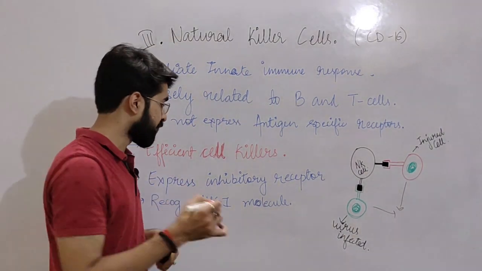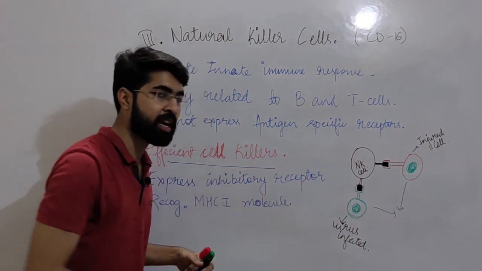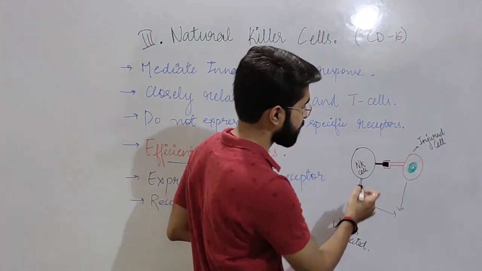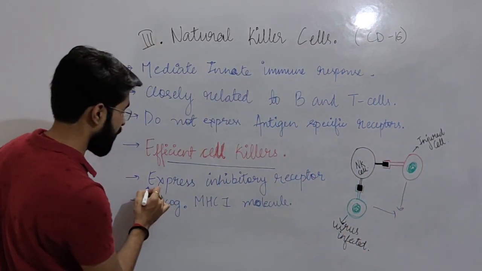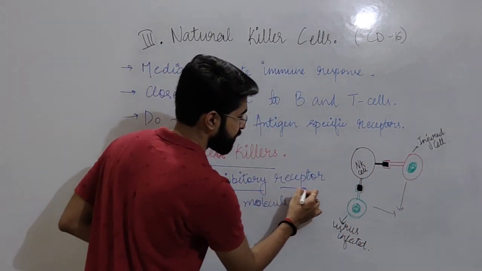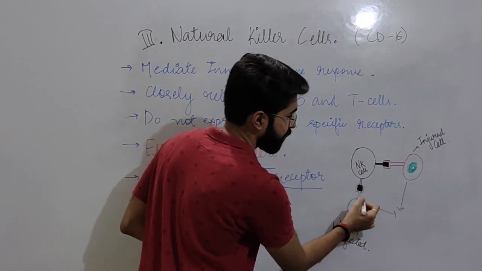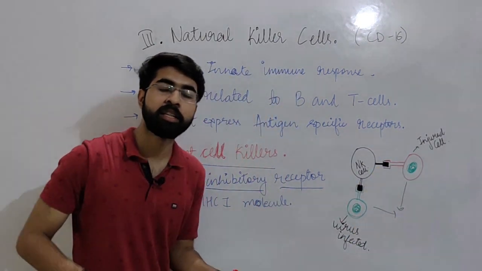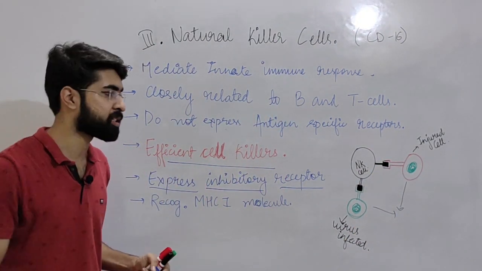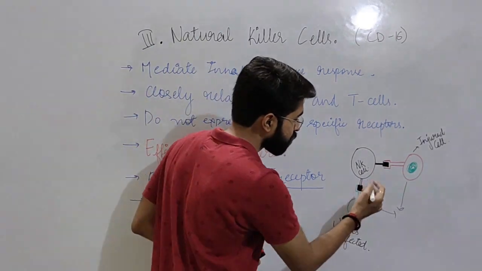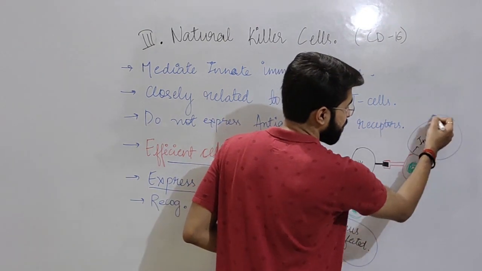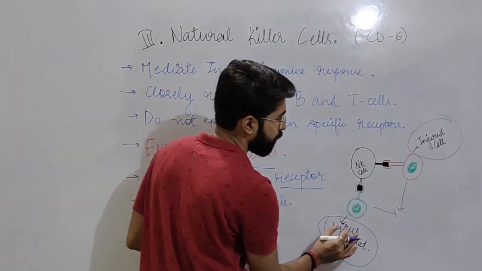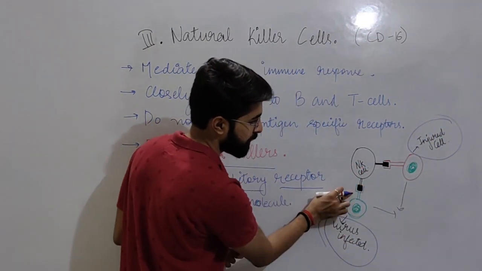They are really efficient cell killers, as you can see in the diagram here. These natural killer cells express inhibitory receptors on their surface, these black receptors you can see. Whenever a virus infected cell or any injured cell comes, it forms an interaction by its MHC1 complex.